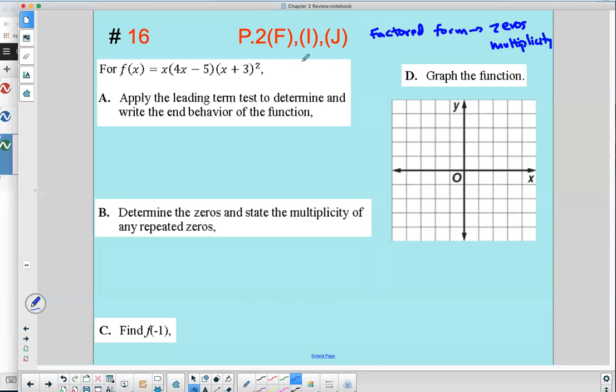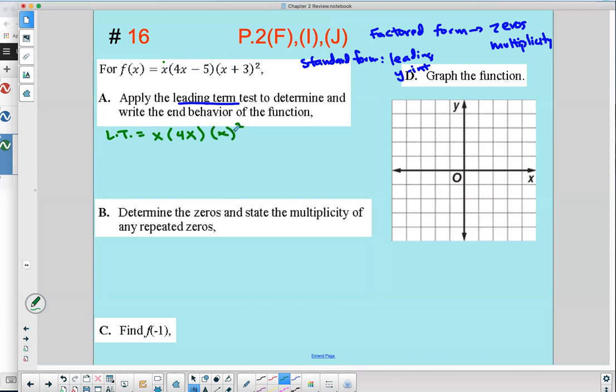What standard form finds you, which we do not have here, standard form gives you the leading term and the y-intercept. So if you're going to find the leading term test from factored form, you have to multiply anything that has an x together. So the leading term, I'll just do LT, will equal x times 4x times x squared.